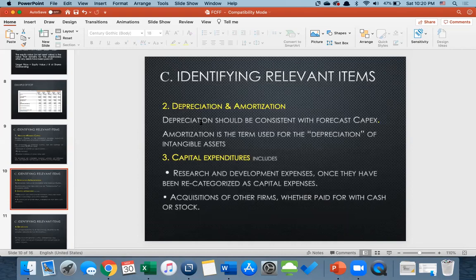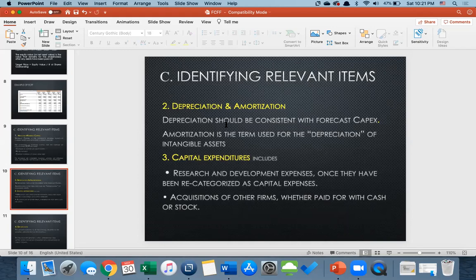The second one is the depreciation and amortization. Depreciation should be consistent with forecast capital expenditure, which means we think about the company's depreciation. It always happens after we get the PP&E or the fixed assets.